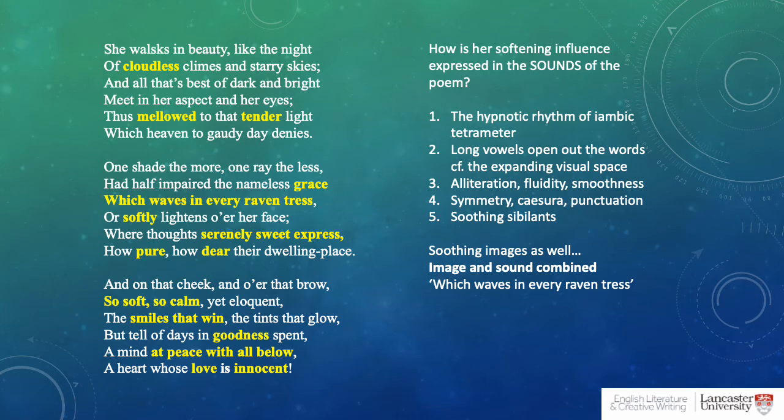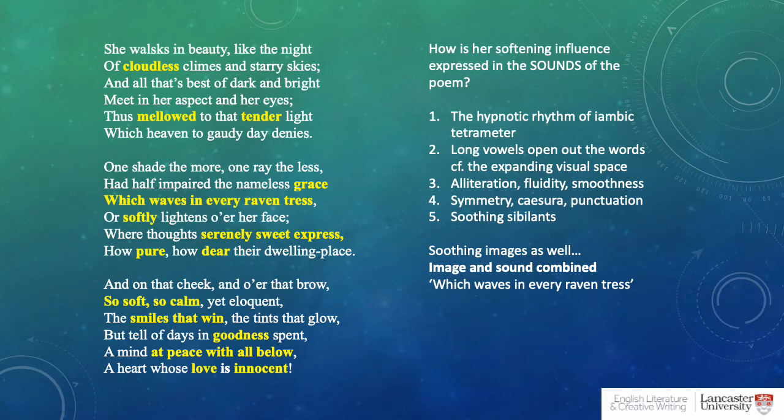So in that "meet," there's a pause there, and then it just rolls: "in her aspect and her eyes." So it's not just iambic tetrameter, but it's also the brilliant way that he uses it. So instead of just saying this poem is written in iambic tetrameter, you can say that it has a soothing hypnotic effect, and that will tie it to your argument.